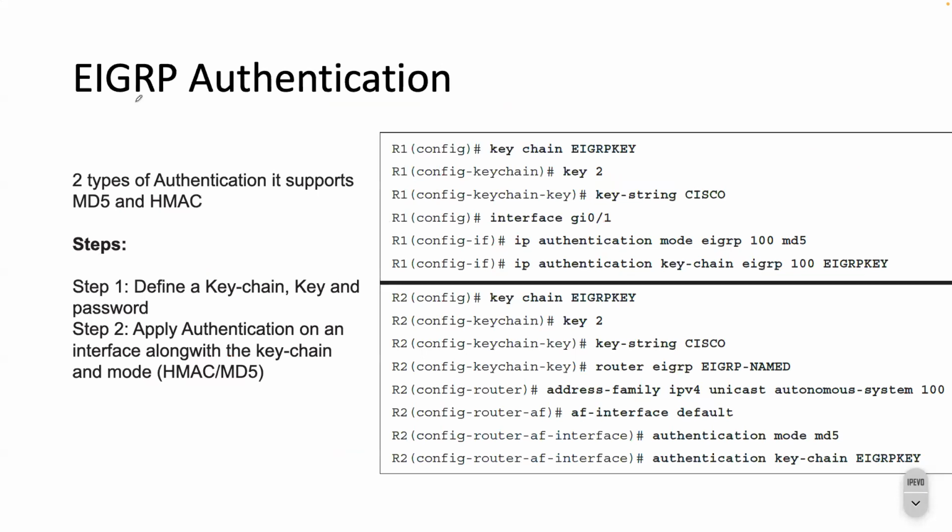Next, I was showing you this EIGRP authentication. Two types of authentication it supports, MD5 and HMAC. Two steps we need to configure in order to apply the authentication. First is you define a keychain. Within a keychain we can have multiple keys, and each key will have a key string.